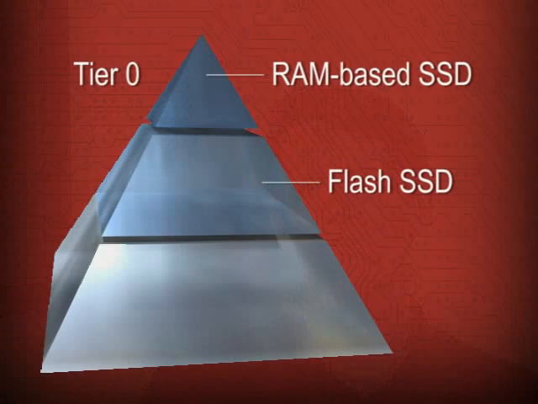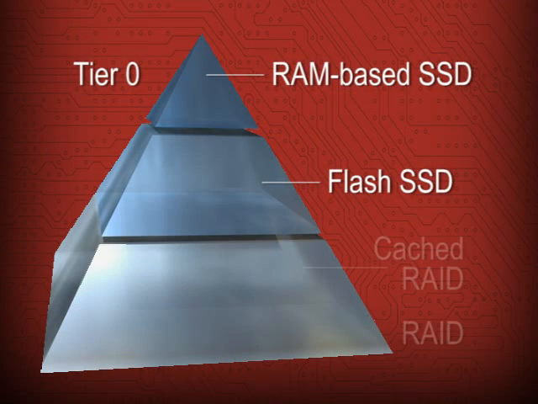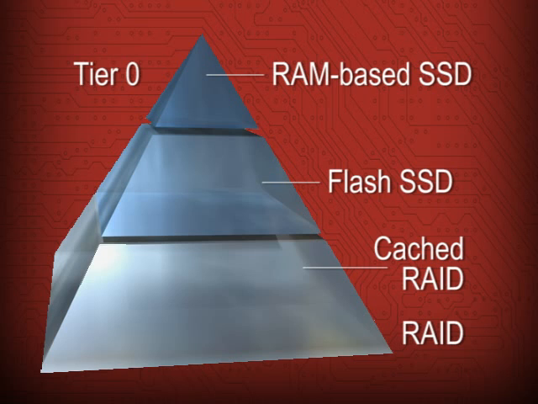From our point of view, that's a level below what you can do with a cached flash solution such as the RAM-SAN 500, in that the enclosure really wasn't designed to support a flash drive. It was really designed to support a hard drive form factor, and you end up paying a performance penalty as a result. Now below flash systems, you get to your cached RAID devices that use RAM in front of hard disk drives.